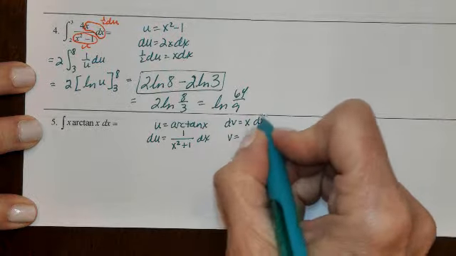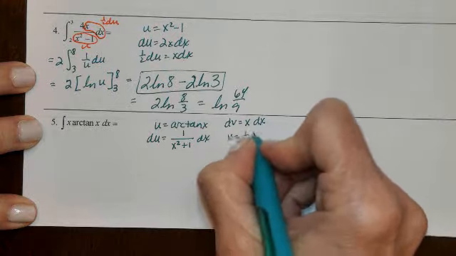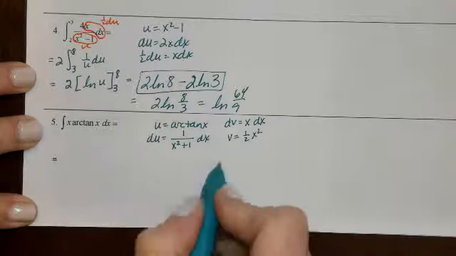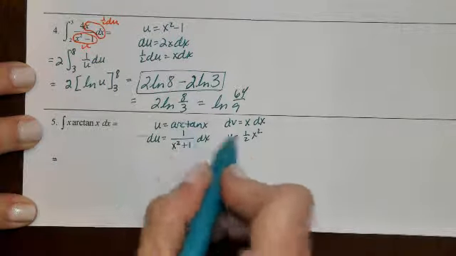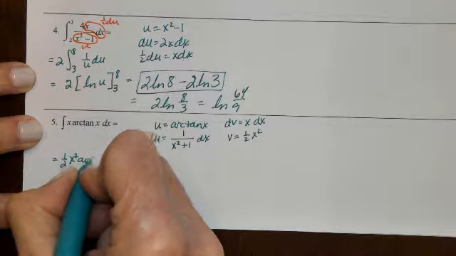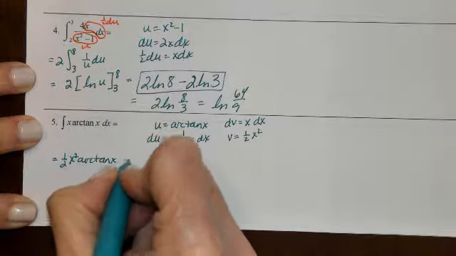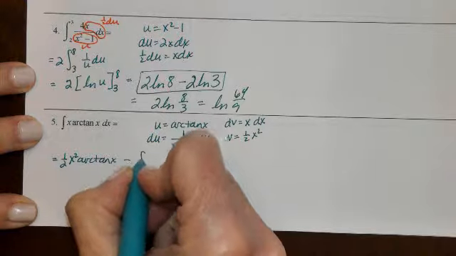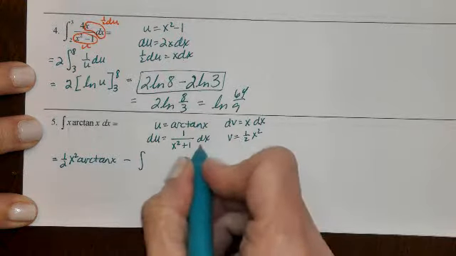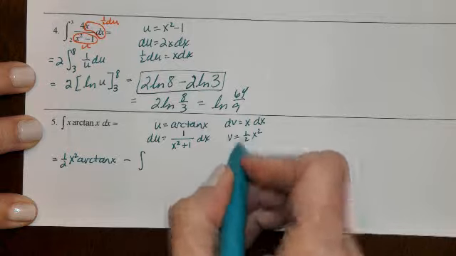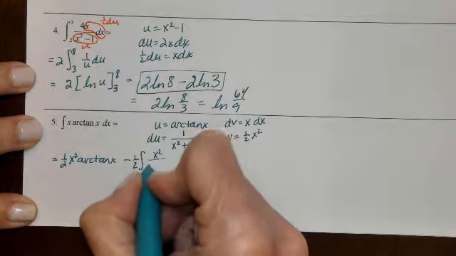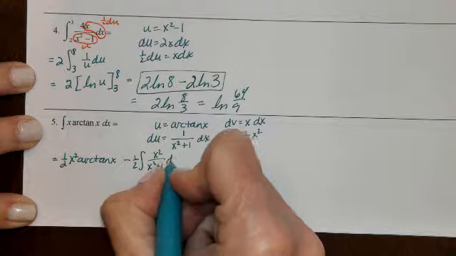So v will be the integral, so 1/2 x squared. uv minus the integral of v du. Right? This 1/2 I'm going to pull outside. And then I'll have x squared over x squared plus 1 dx.